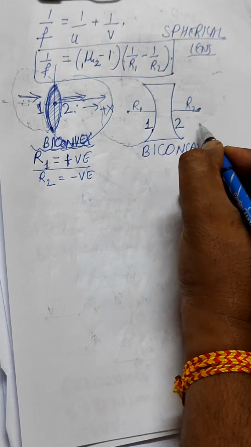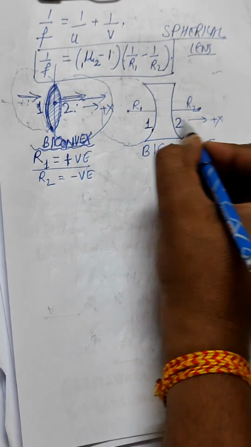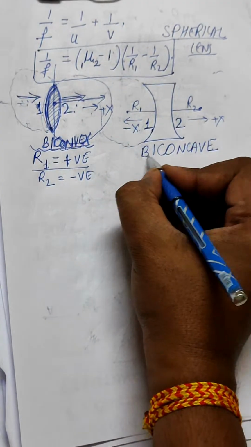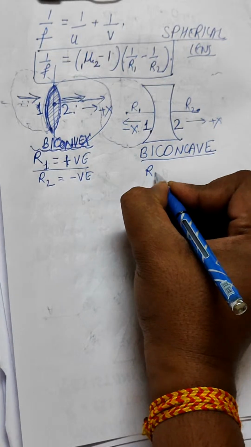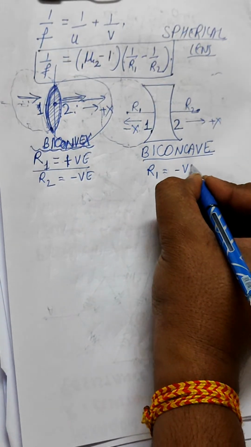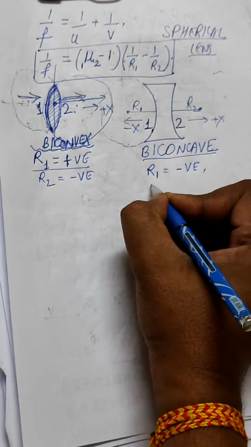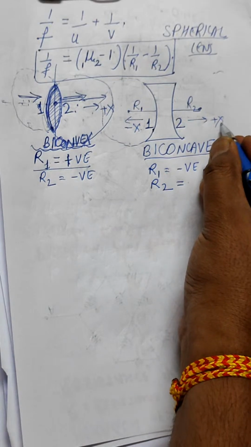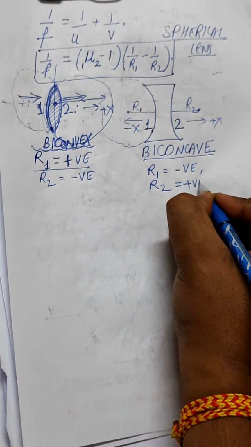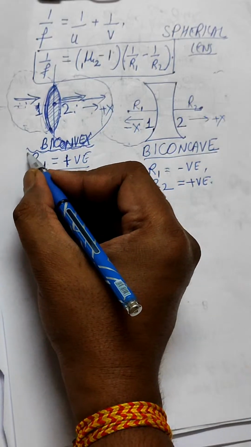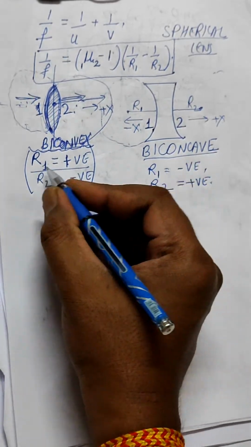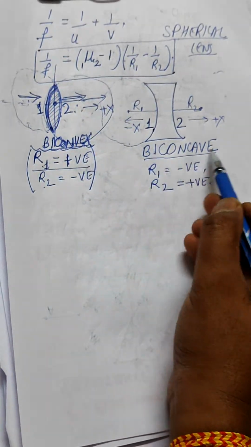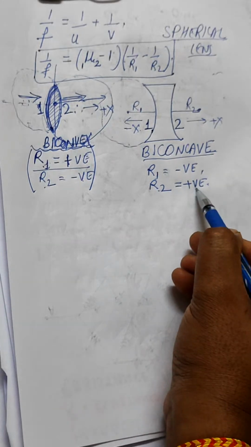So you can easily say this is going towards plus x and this is going towards minus x, right? So for any biconcave lens, R1 is always negative and R2 is definitely positive. So you need to remember, for a biconvex lens, R1 is positive and R2 is negative by the naming convention you followed, and for a biconcave lens, R1 is negative and R2 is positive, right?